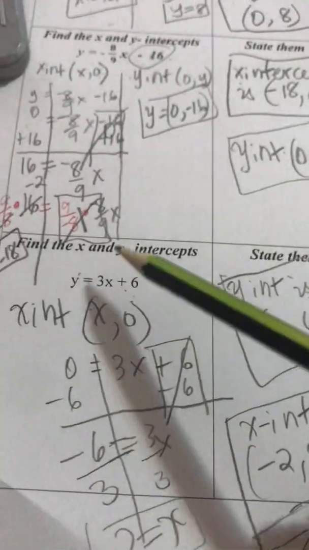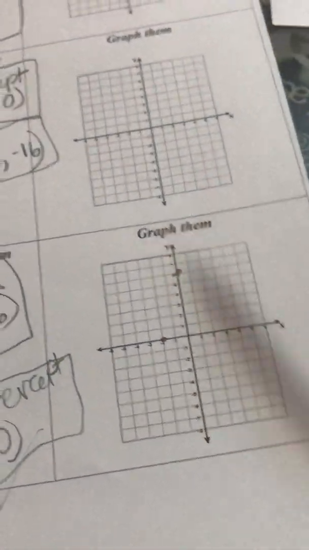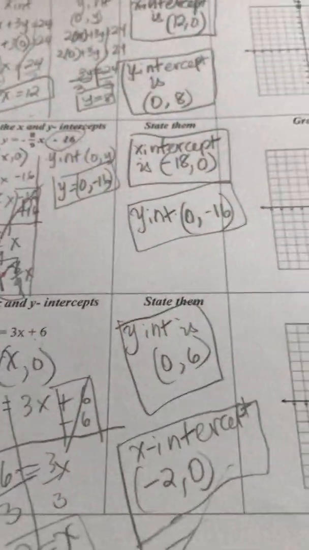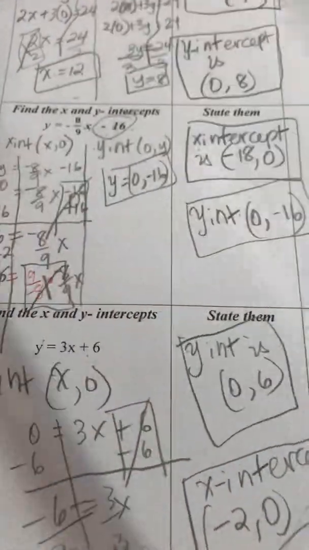Then how do I know I'm correct? My slope is positive. My line is going up. I am correct. Okay? This one should be going down because your slope is negative. So then, with your ruler, you join your points with a straight line.